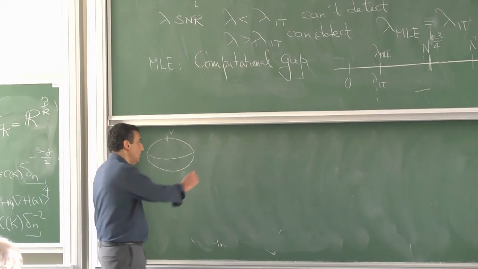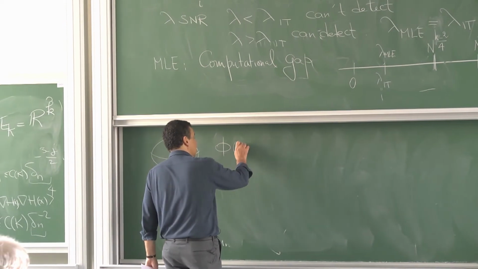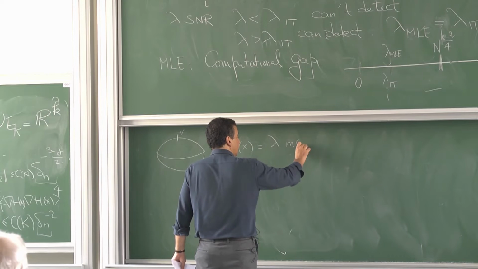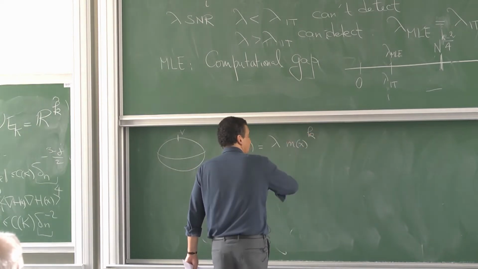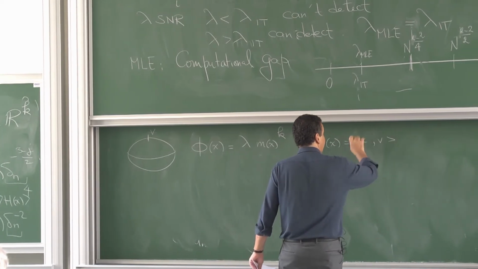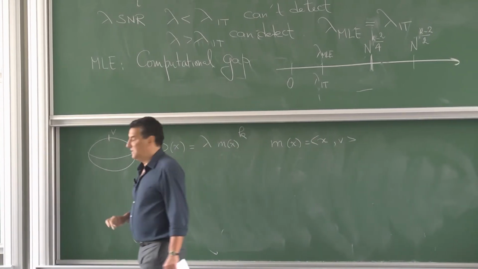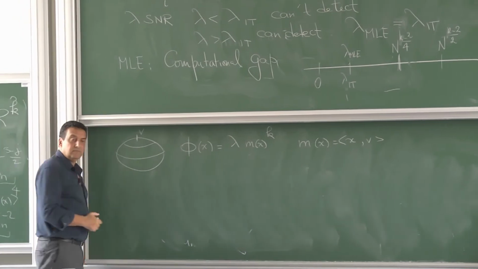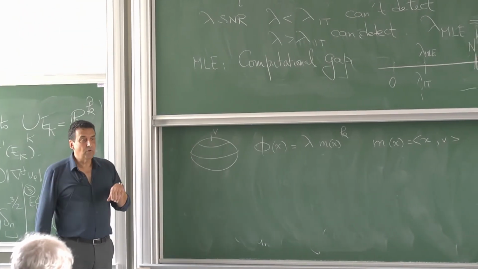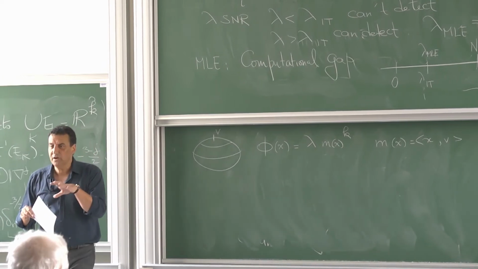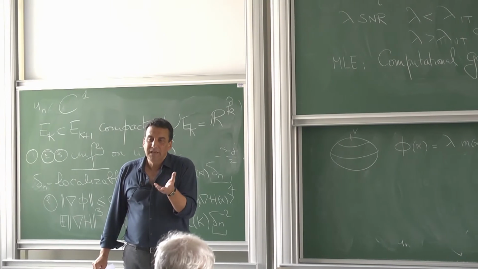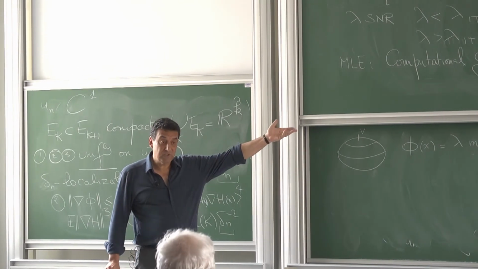The population loss is just a function, I forgot what it was, lambda m(x) to the k or something like this, and m(x) is just the inner product of x with V. So it's a function of this latitude. So you have a one-dimensional object when you're on the sphere. When you don't restrict to the sphere, you're in R^d, and you have a two-dimensional object. So it's natural to try this as the summary statistics.